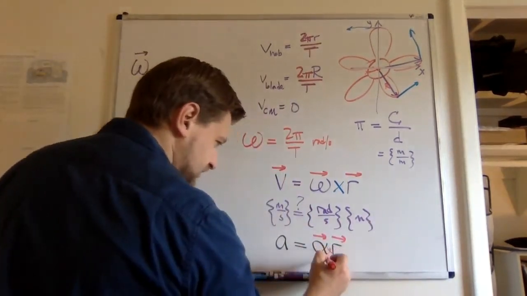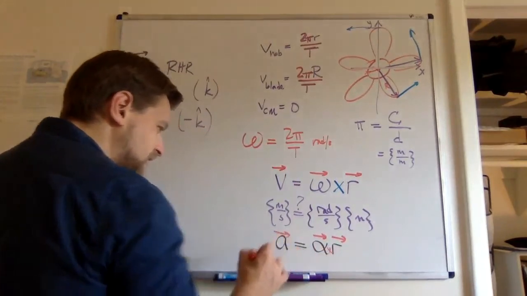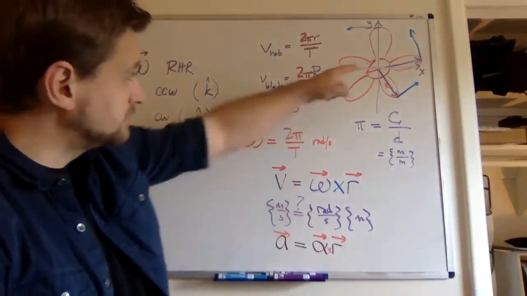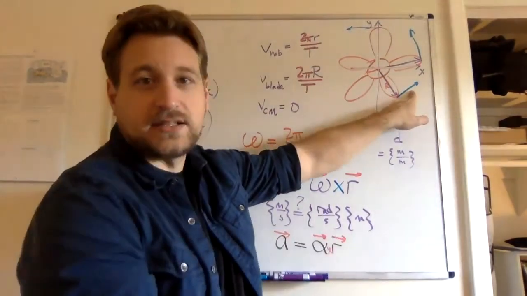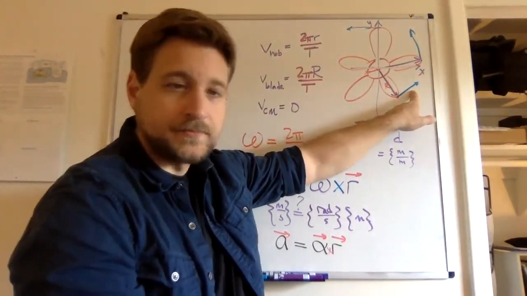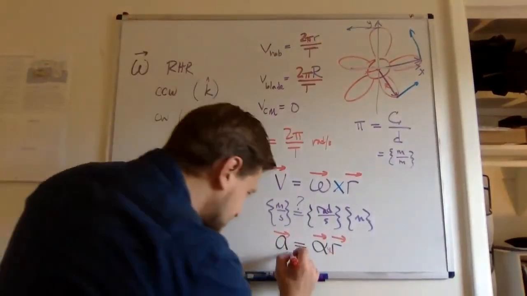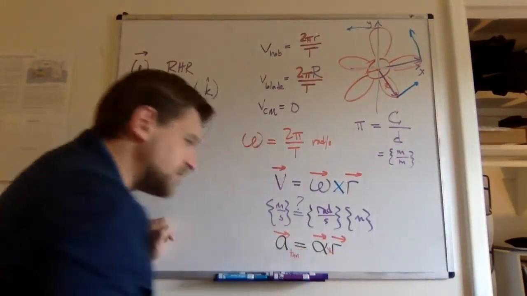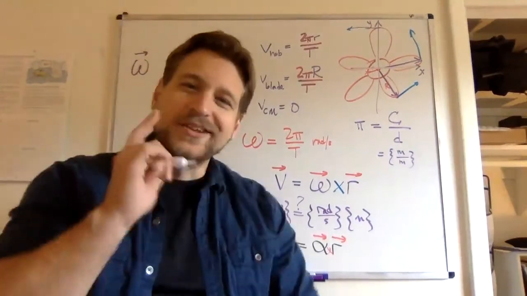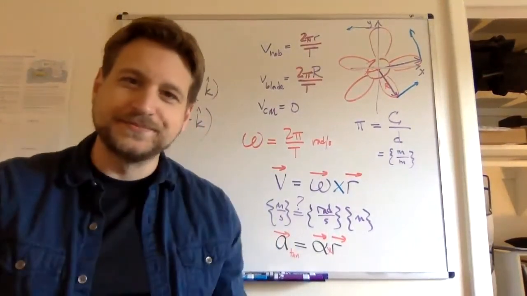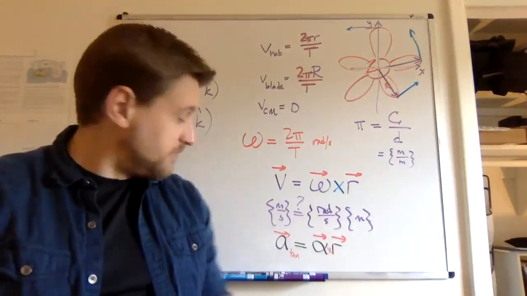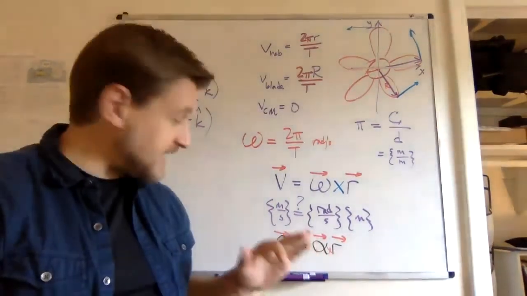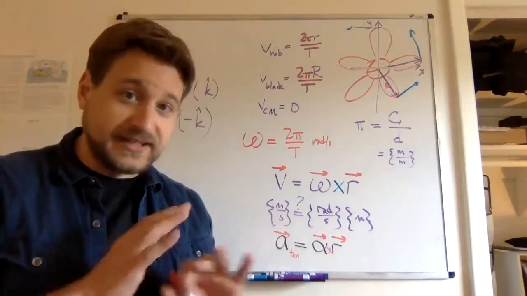This is, again, a cross product. And we're going to end up with a vector that is tangent to the circle, just like the linear velocity vector was tangent to the circle. So I'm just going to call this tangential, because we know that if motion is occurring in a circle, there is centripetal acceleration as well. This is not centripetal, it's not radial, it has very little to do with that.